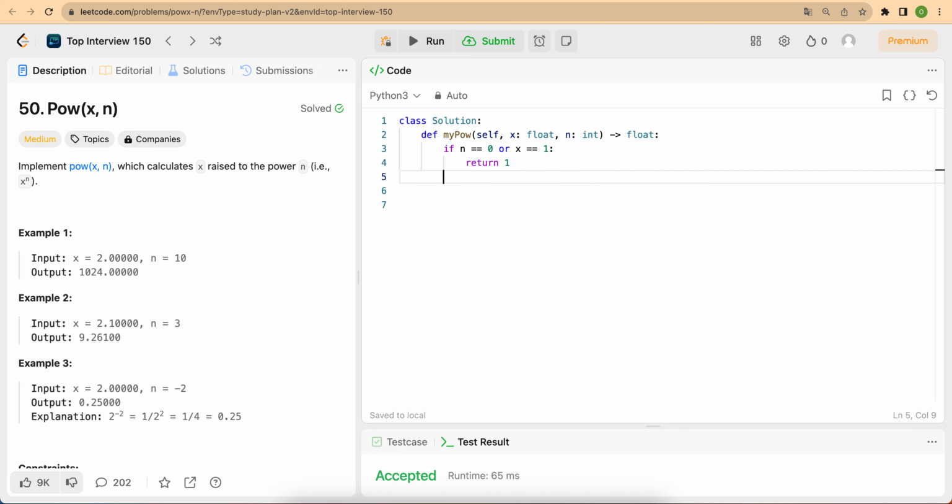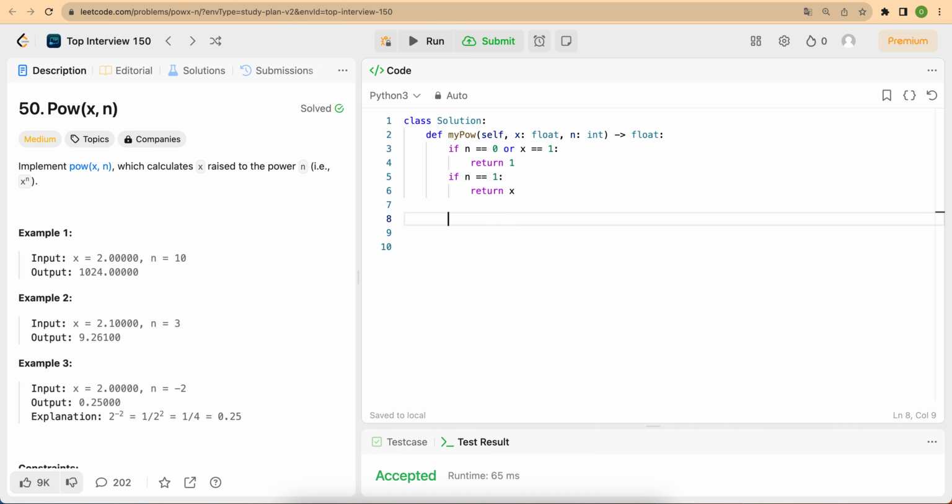And otherwise, when our n is equal to 1, all we need to do is just return x itself, right? Of course, n can be a negative number, but here I just want to stress that when n is equal to 1, we just need to return x, right? Then we can use recursion to get our result.